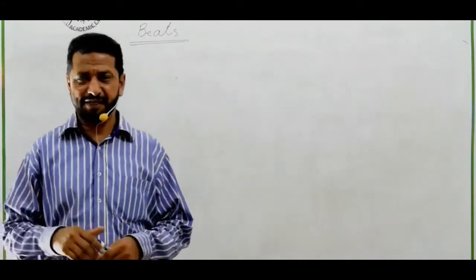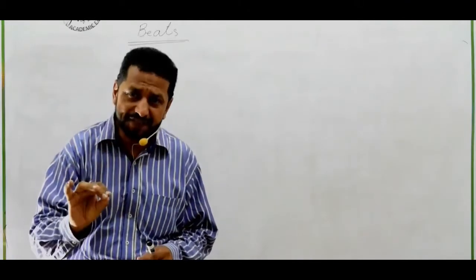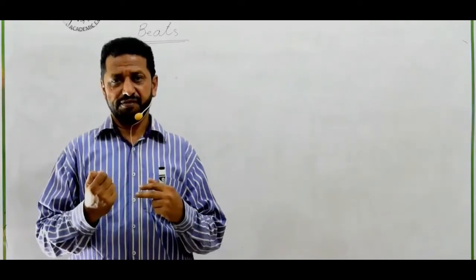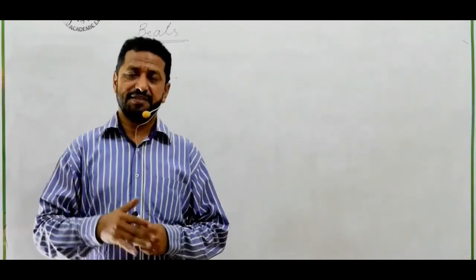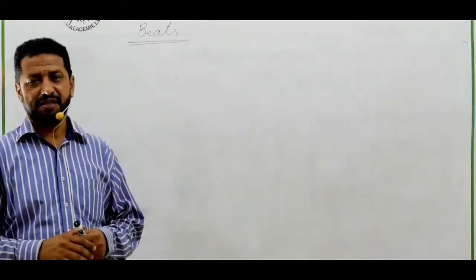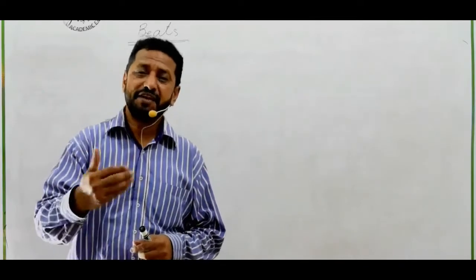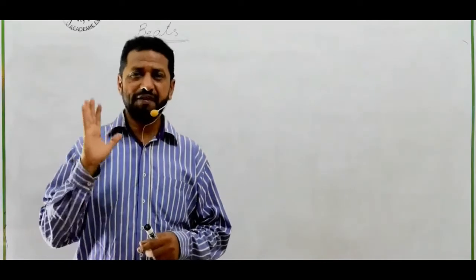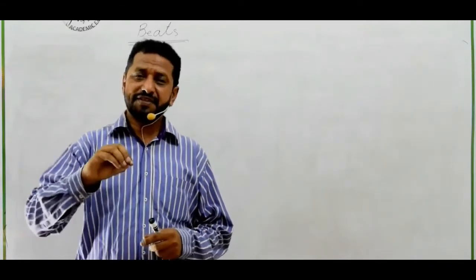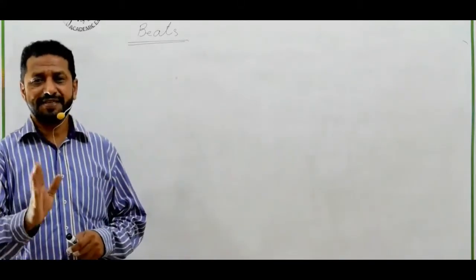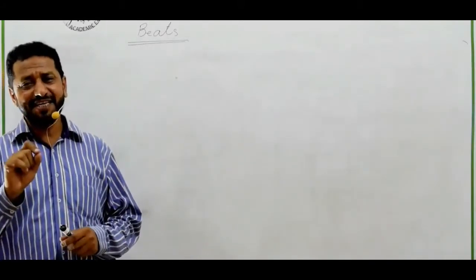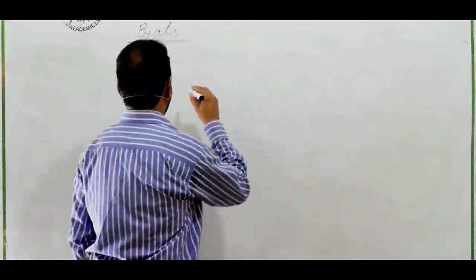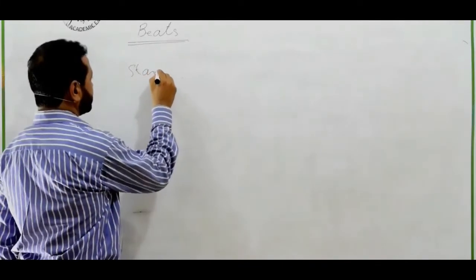Try to understand this point again. When two waves have the same amplitude, opposite direction, and same frequency, standing waves are produced. But when two waves have the same amplitude, same direction, but a slight change in frequency, they produce the beats.